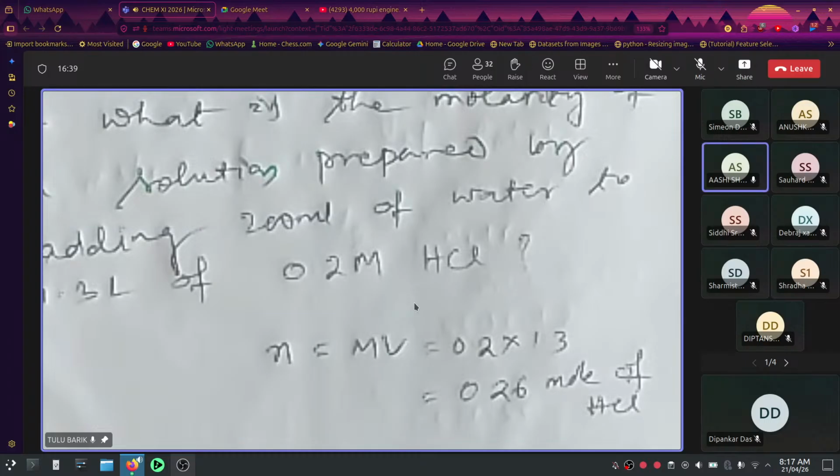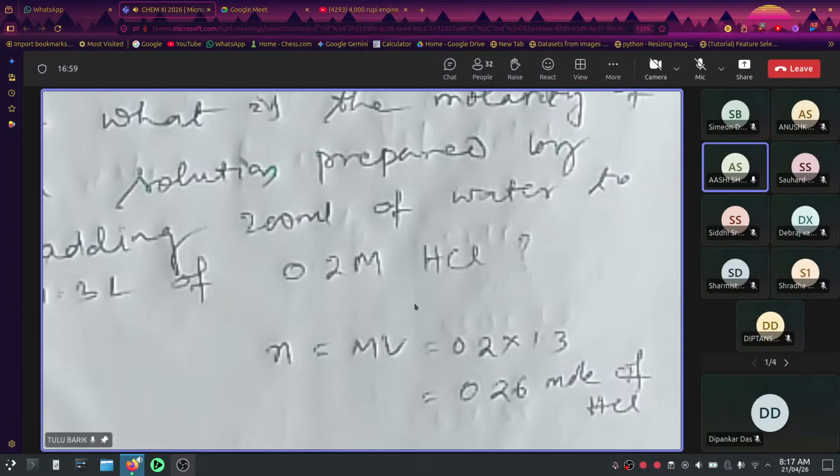No, sir, it will remain the same. Yeah. So for finding final molarity, you can use that same number of moles of HCl. That is, you got 0.2 into 1.3, that is 0.26 mole. You got it?